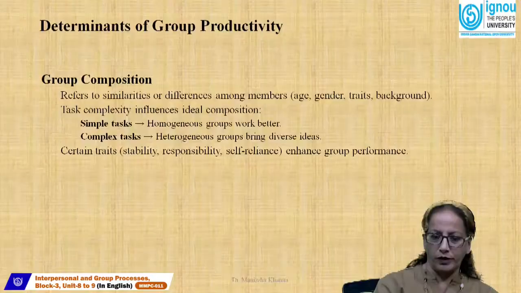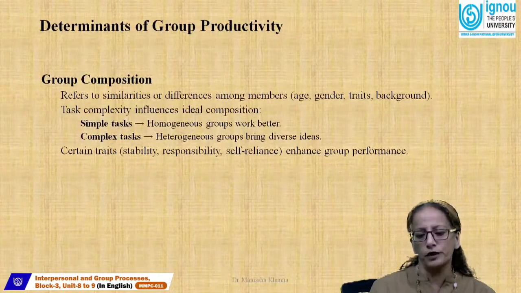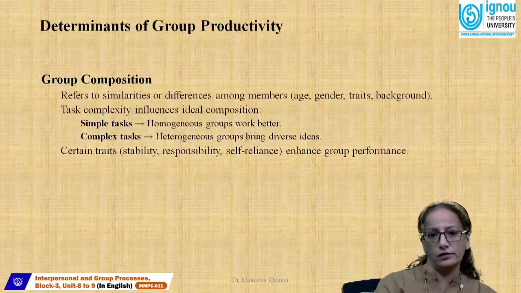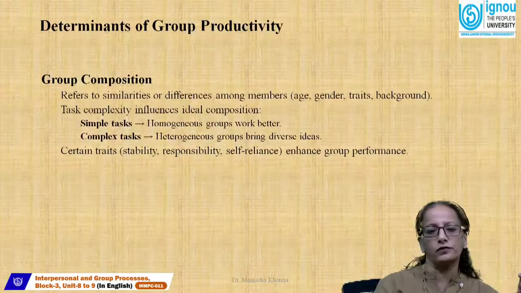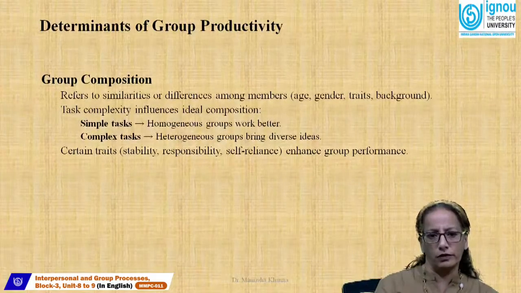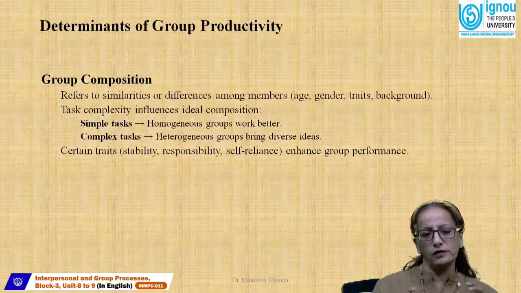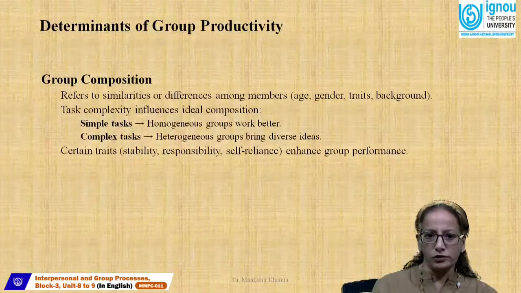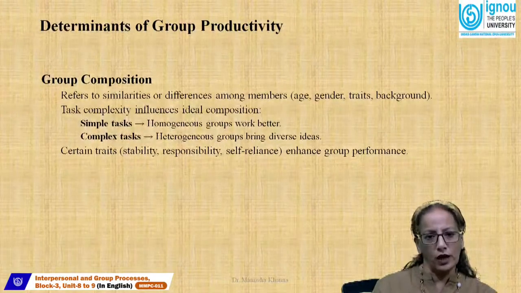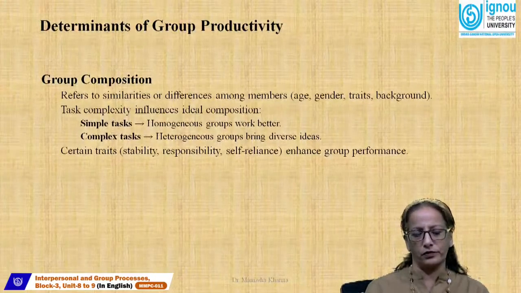Here the task influences the ideal composition. For a simple task, homogeneous groups work better, whereas for a complex task, heterogeneous groups bring diverse ideas. When there is a complex task, people from different backgrounds, ages, genders and geographical areas come together with their own experiences, methodologies of working and challenges, and complete that task.